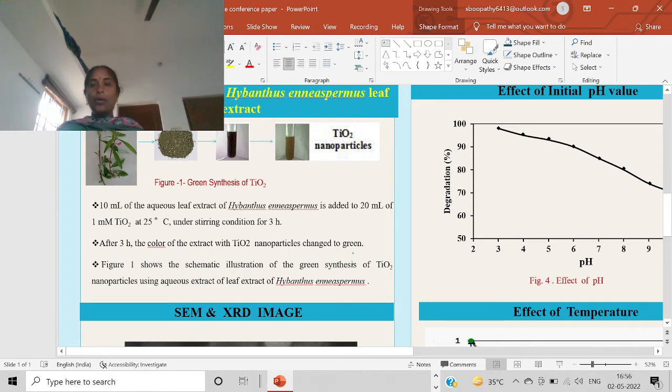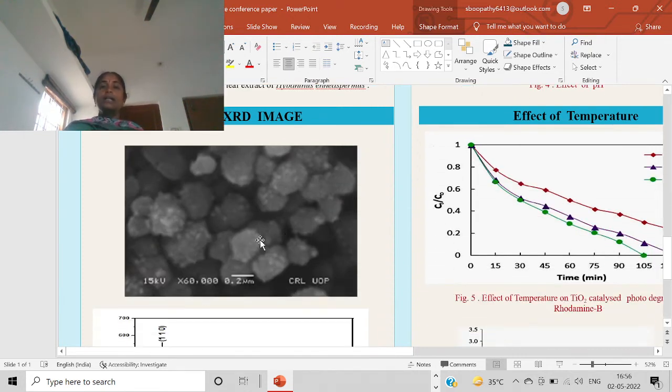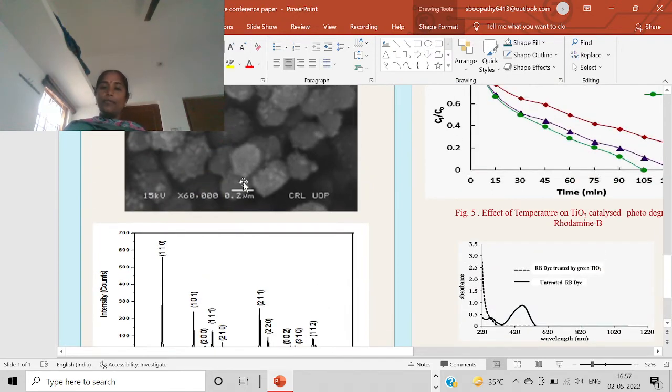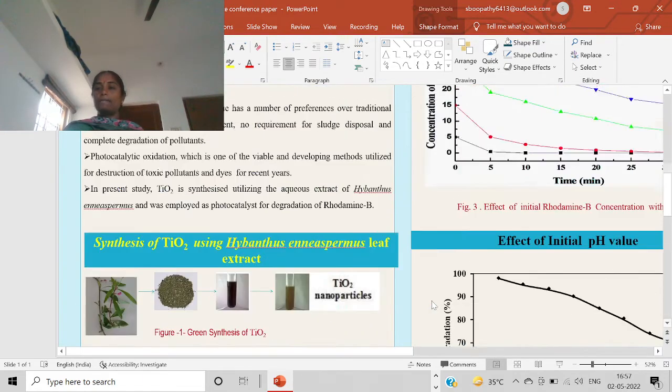The dried powder is boiled with water for 30 minutes, and after that the leaf extract is obtained and filtered, and the extract is treated with TiO2. These are the SEM and XRD images of the TiO2 particles prepared from Hybanthus enneaspermus leaf extract.